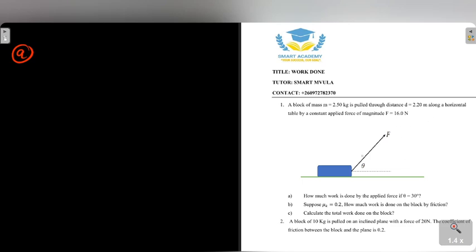Remember, if we redraw this block so that we see the forces acting on it, this is our block on a horizontal table.